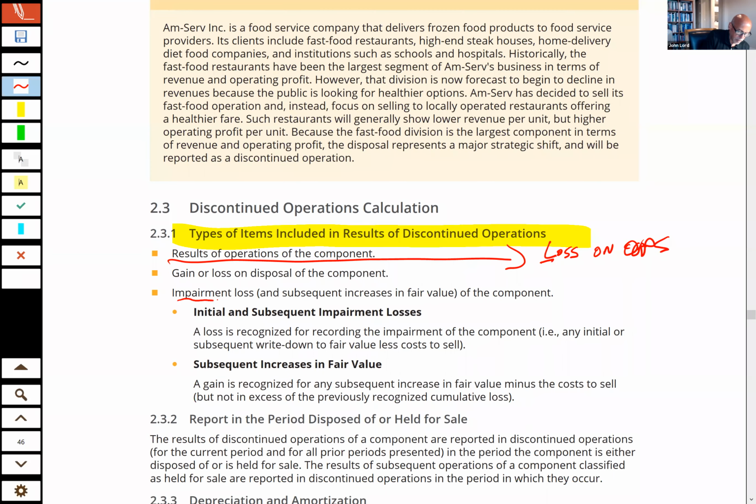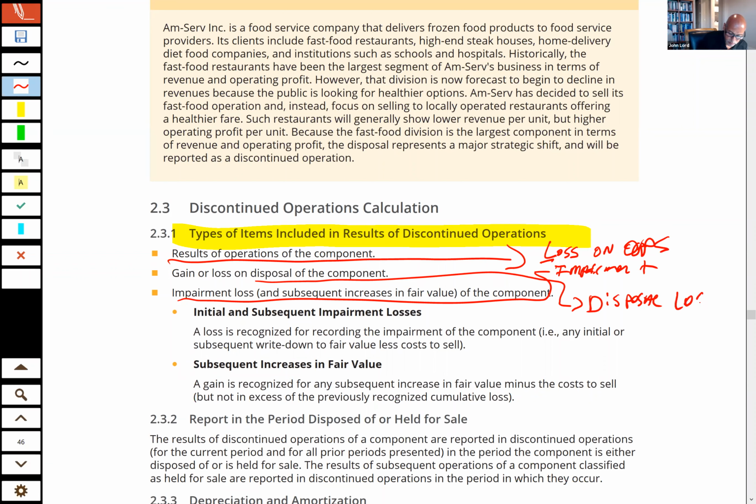We have the impairment loss. That's the I in LID. And then we have the disposal of the component. That's the D in LID. So it doesn't list it in order, but the disposal, the loss on disposal, we'll call it disposal loss. So it comports to the mnemonic LID, right?